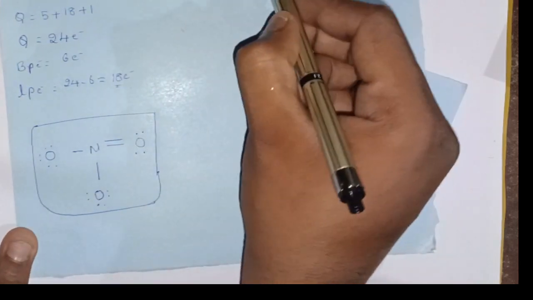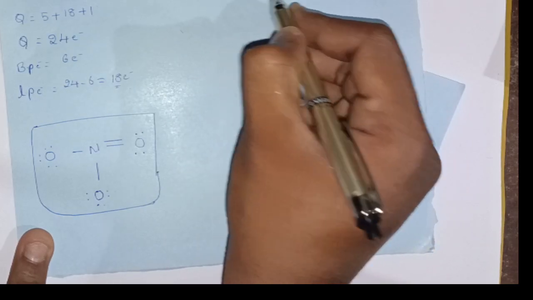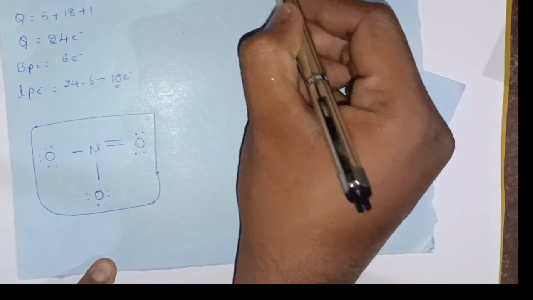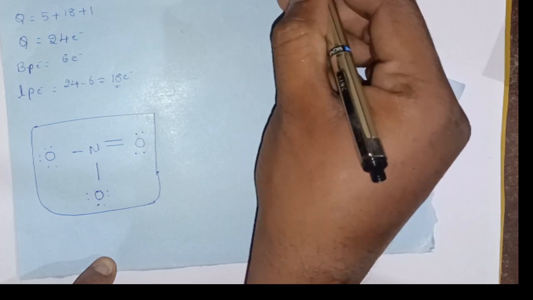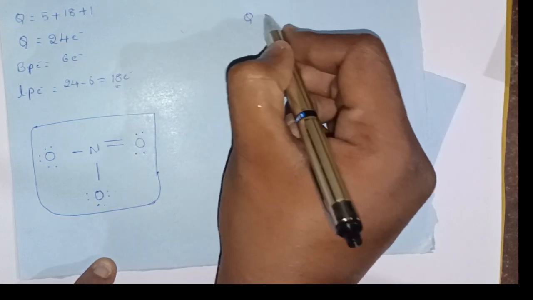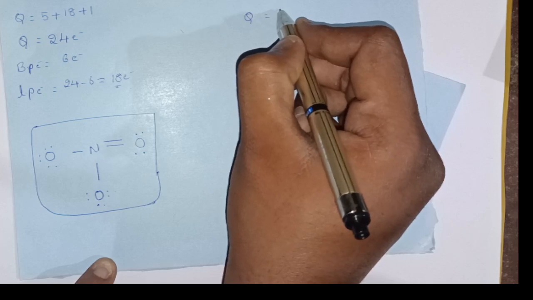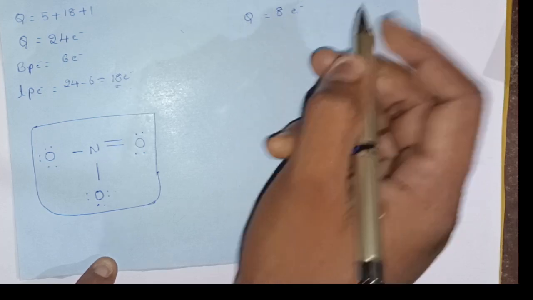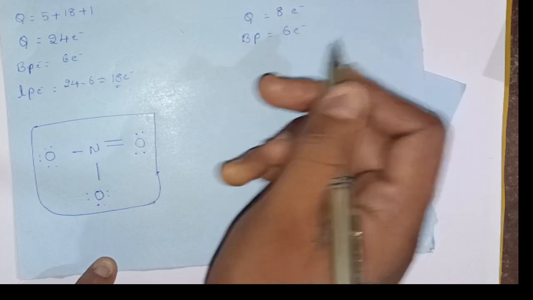H3O plus ion, same. We have to write Q is equal to 3 plus 6 minus 1. A positive charge should be deducted. That is Q is equal to 3 plus 5 is equal to 8 electrons. Here bond pair electrons are 6 electrons.